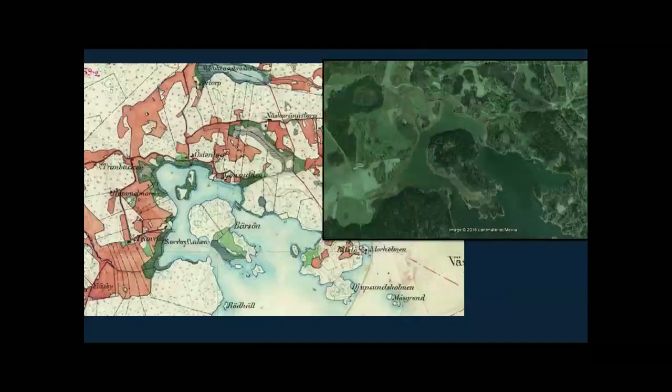We don't really know, because these maps were made to show how much you could tax the farmer for arable fields and meadows. To the right, you have a satellite image today, and you could point out some of these meadows that have actually disappeared. They have become more encroached with trees.